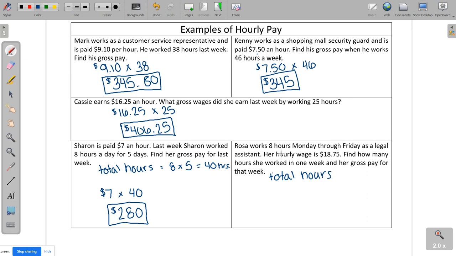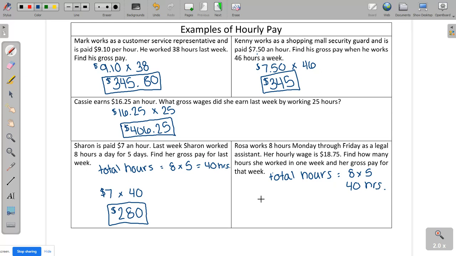So it says she works 8 hours Monday through Friday. So 8 hours per day, so we're going to take 8 and multiply it by the number of days. Monday through Friday is 5 days. So we're going to do 8 times 5. That is 40 hours she worked.